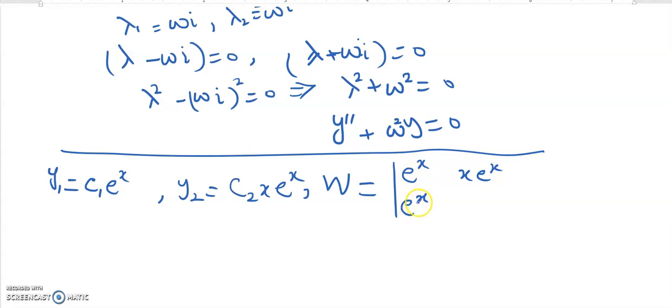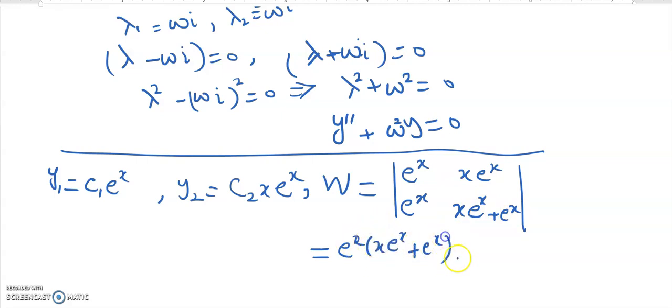The derivative will be e power x, and for the second, x e power x plus e power x. So what will be the Wronskian? e power x times x e power x plus e power x, minus e power x times x e power x.